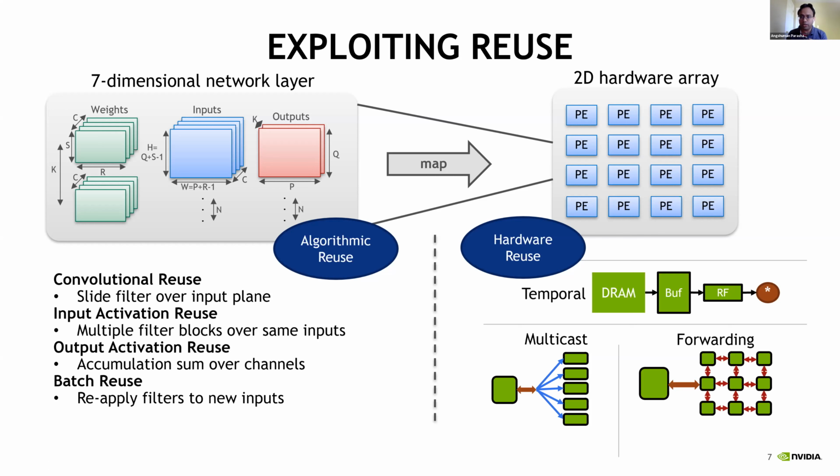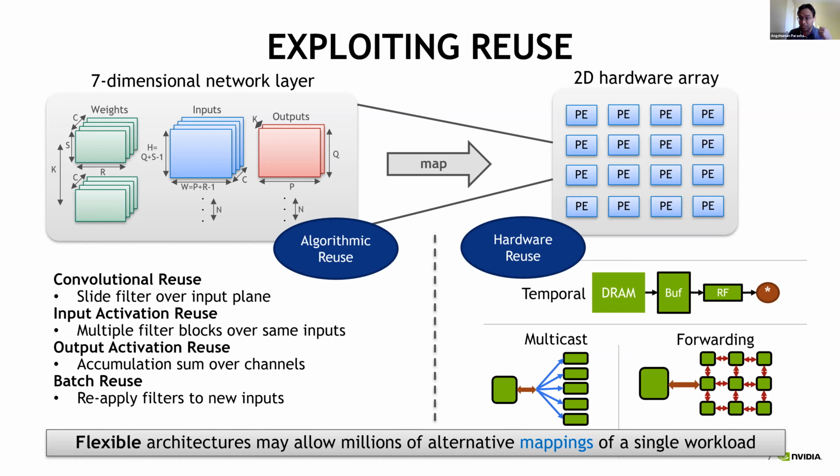Is there exactly one way in which we can transform this reuse, or are there multiple ways? Well, it so happens that for a lot of accelerator architectures, especially flexible architectures, there's actually millions of ways to do that. And we call these mappings. So there's millions of alternative mappings of a single workload onto a single architecture, okay?